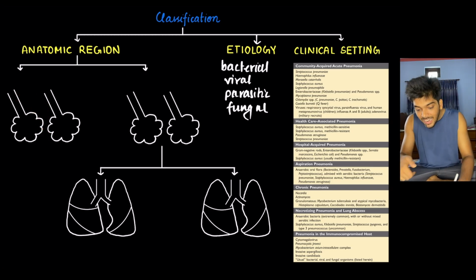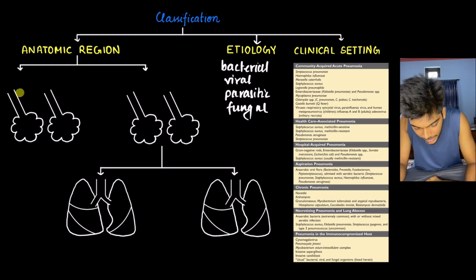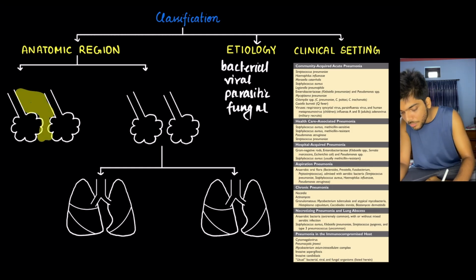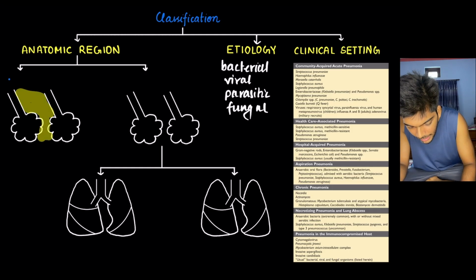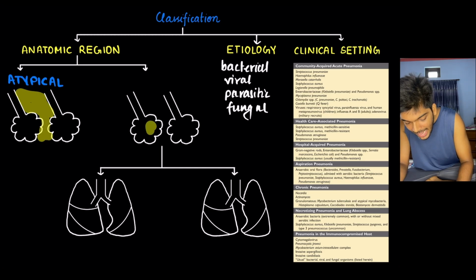If it is the interstitial space that gets filled up with exudate, then this pneumonia is atypical pneumonia. But if it is the intra-alveolar space that gets filled up with exudate, then this is typical pneumonia.